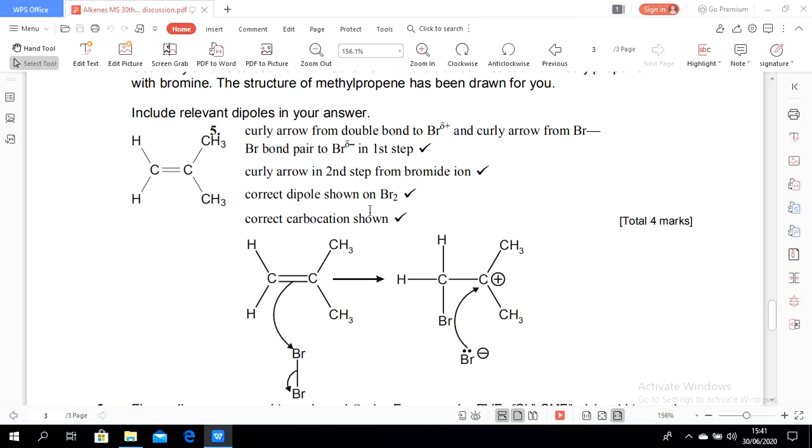We have to show the carbocation, we have to show the dipole of the bromine, and then we have to show the curly arrow of repulsion, and also the repulsion of the double bond electron density to the bromine that forms a bromine electrophile and a bromine nucleophile.